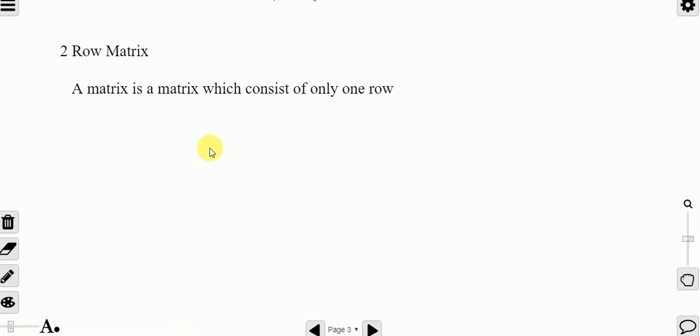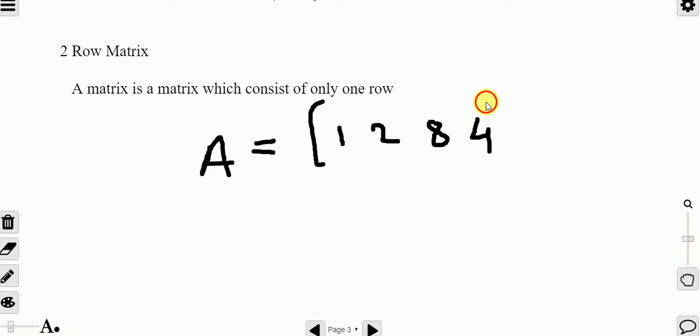Let us see an example. A is equal to 1, 2, 8, 4. Let us write down the order. How many rows are there? 1. And how many columns? 4. So there are 4 columns and 1 row.